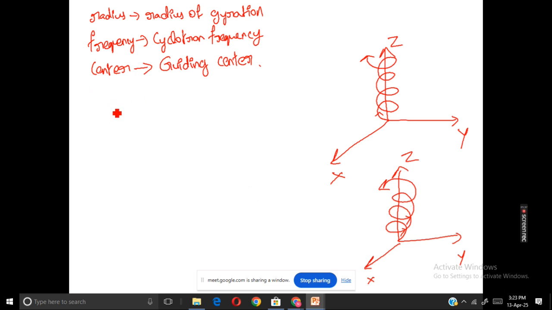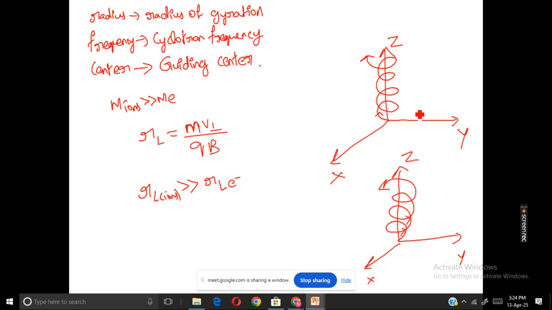And the mass of ions is greater than the mass of electrons. According to the radius of gyration, which is given by m v perpendicular by qB, perpendicular with respect to the direction of magnetic field, since it is dependent on m, and the mass of ions is greater than me, RL in case of ions will be greater than RL in case of electrons. Ions will create larger circles compared to an electron, which will have smaller ones.